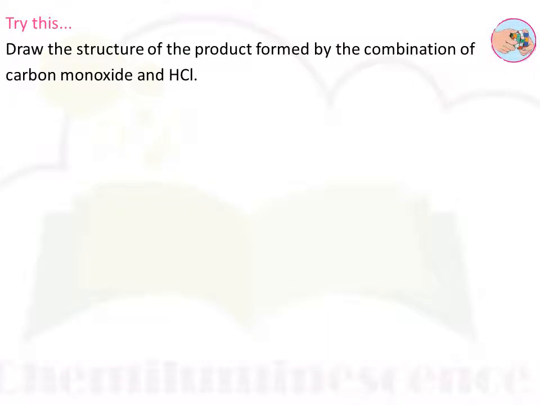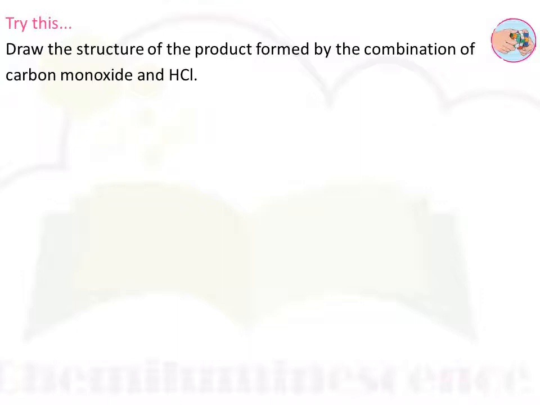Let's see how Gattermann-Koch formylation of arene takes place. A question is asked, draw the structure of the product formed by combination of carbon monoxide and HCl. We know that the condition for Gattermann-Koch formylation of arene is that aromatic compound or substituted benzene is reacted with carbon monoxide and HCl and gives benzaldehyde or substituted benzaldehyde as a product.